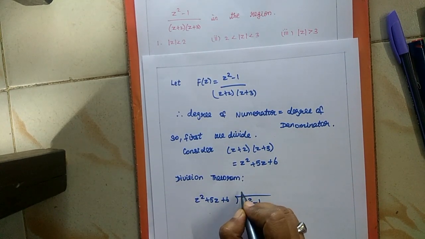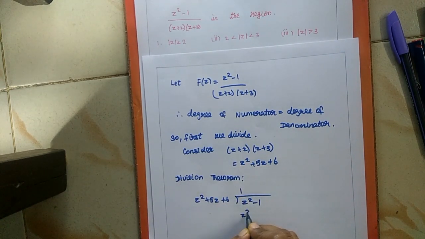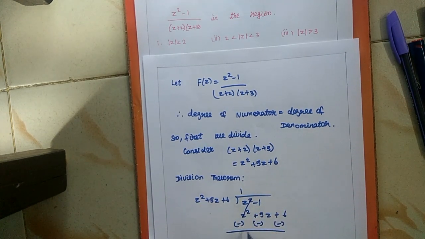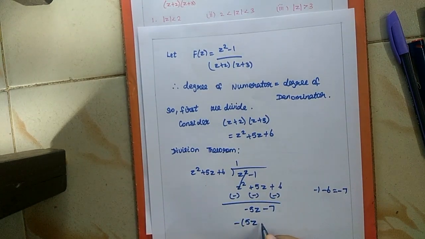Now we divide this z square plus 5z plus 6. Change the sign, minus. Cancel out first term, second term minus 5z, minus and minus 6, which is minus 7. Take common out of minus, of 5z plus 7.